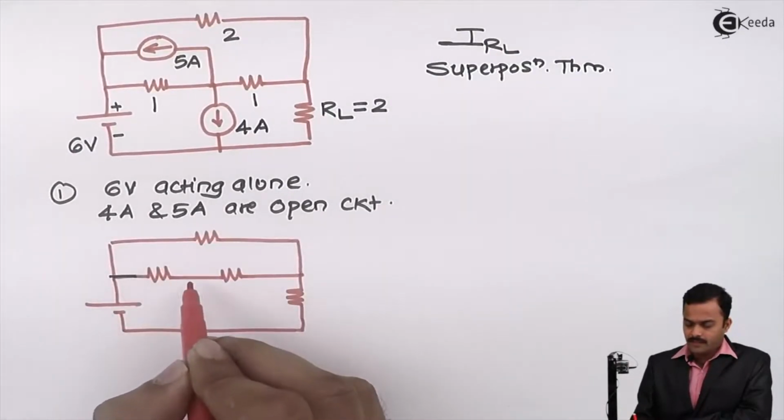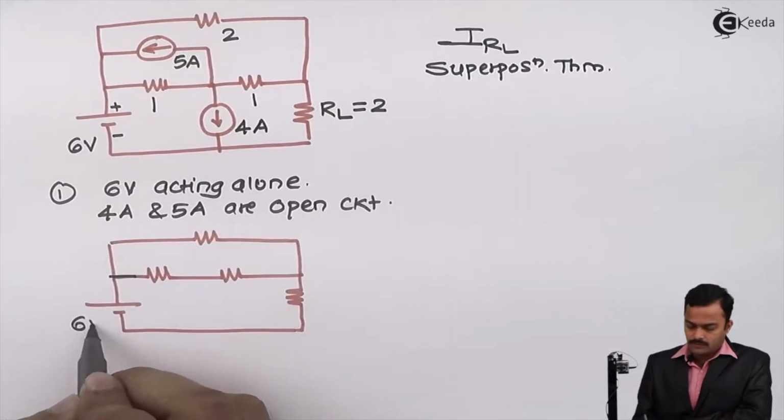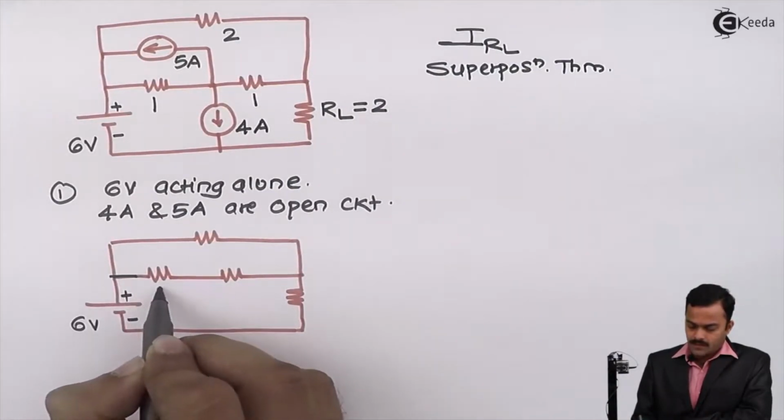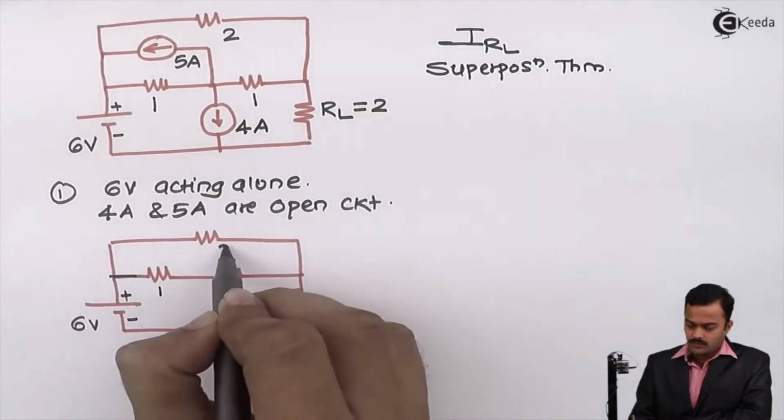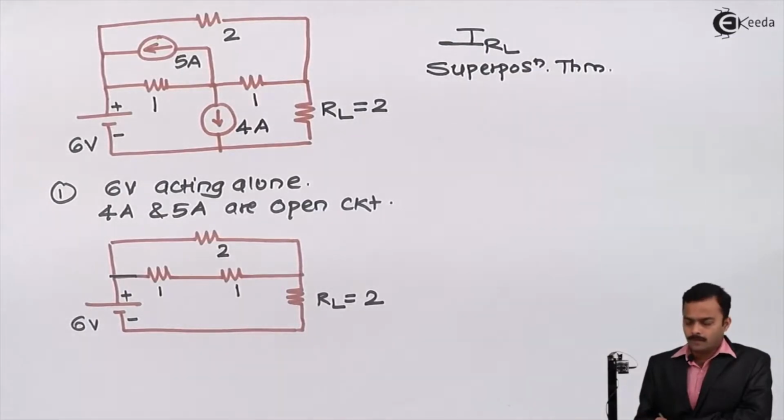I have removed 5 ampere, I have removed 4 ampere. In the circuit I am having 6 volt battery and resistances 1, 1, 2, and this is load resistance of 2 ohm. Objective is to get this current.